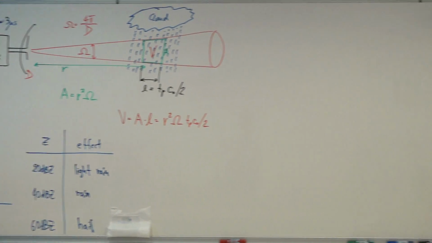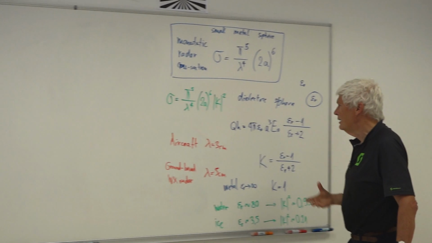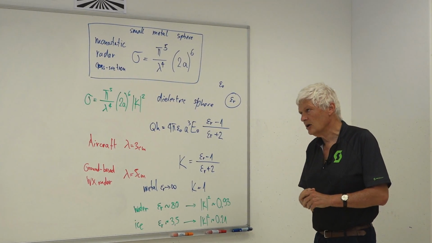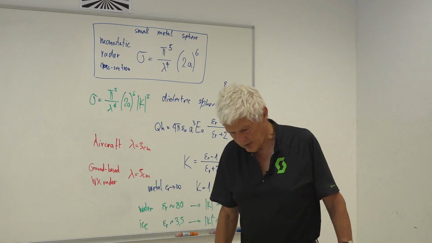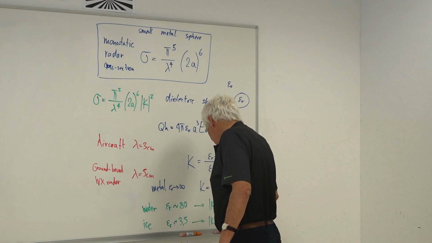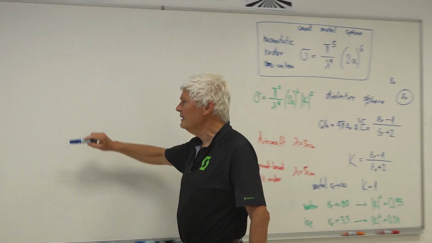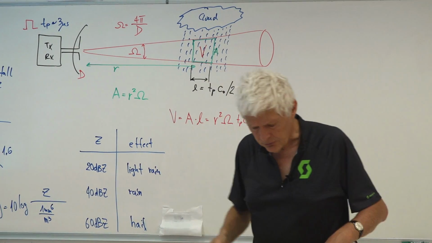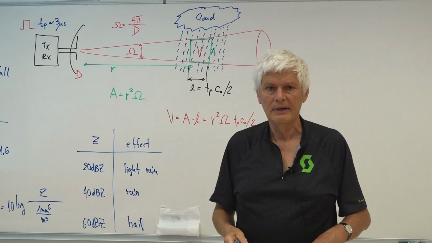Now, how do we get the radar cross-section of these drops in the volume? We have here reflections from many water drops, not just one. There are millions of water drops in this cross-section.